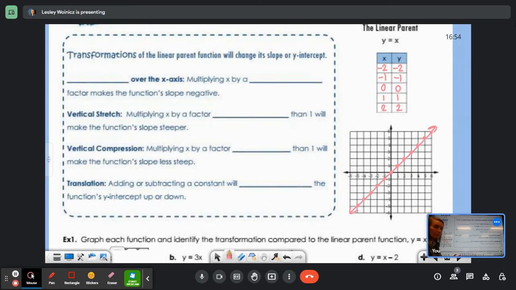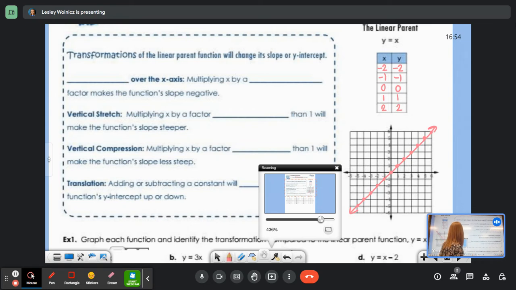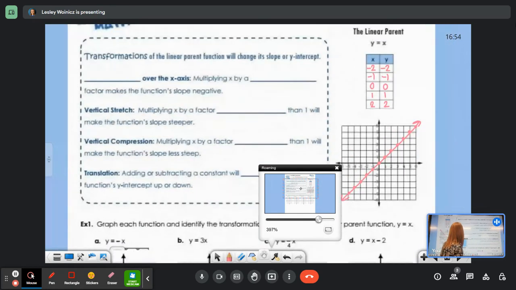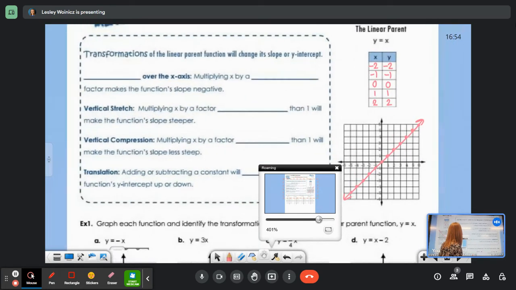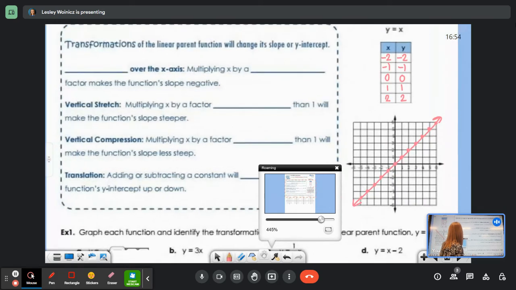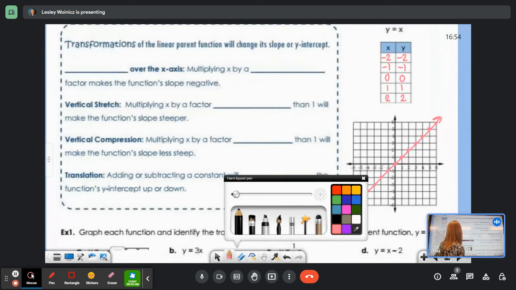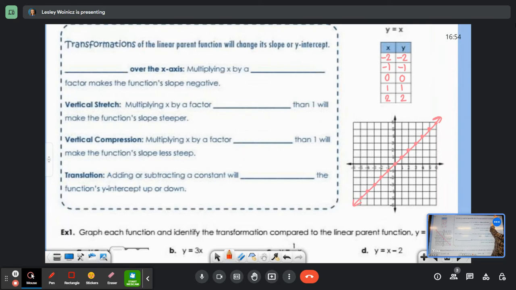Okay, I think we're back. Now we are going to talk about some transformations. You can probably see in the word transformations the word transform, which means change. So these are going to be changes to the linear parent.